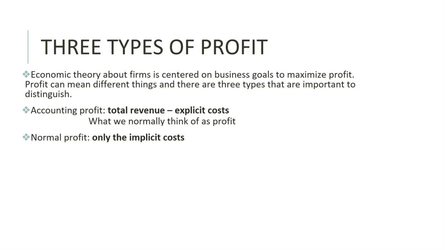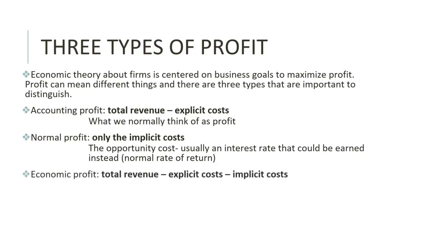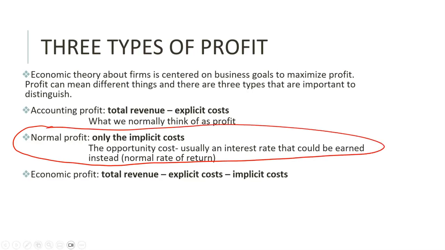And then in economics, we add something called normal profit and economic profit. So normal profit is only the implicit costs. This is not something you would ever see on your bank statement or a spreadsheet. This is the opportunity cost. Usually economists will take some kind of normal rate of return, something that you could be earning in the stock market or some other general standard interest rate.